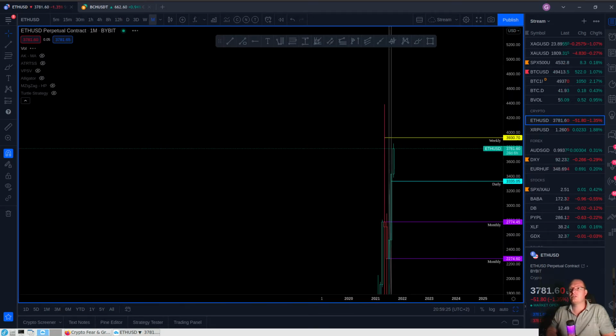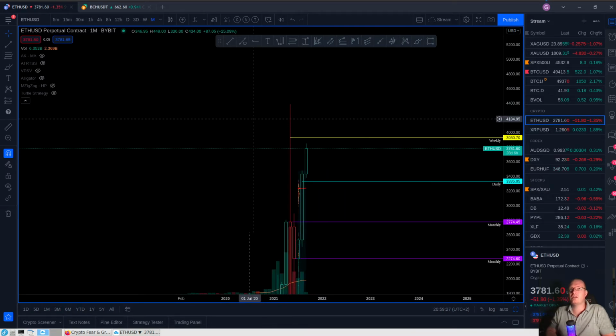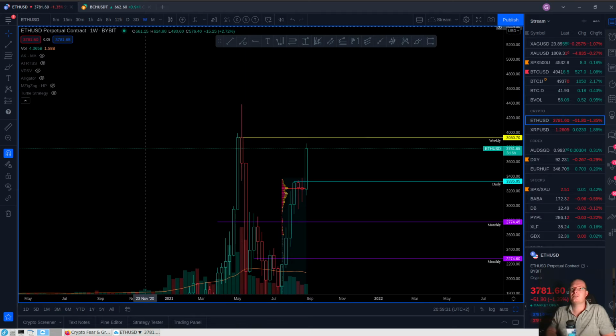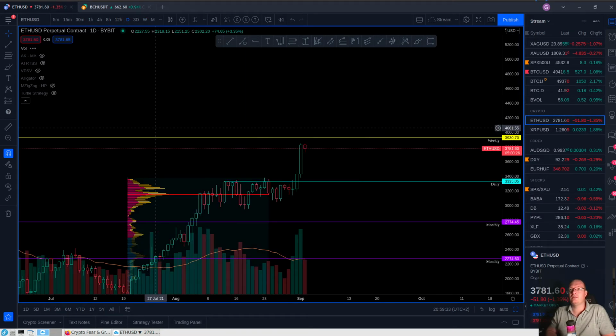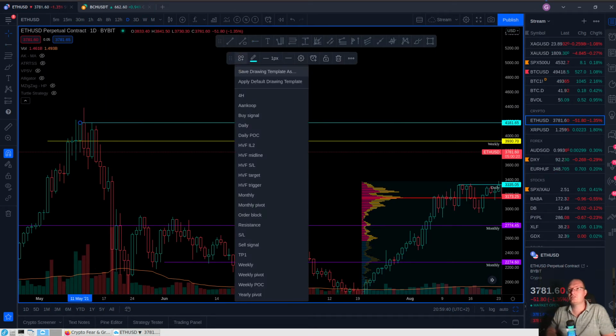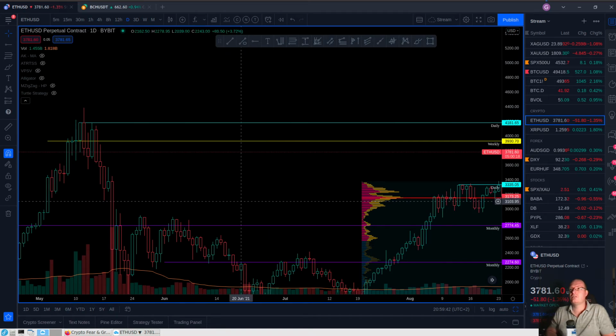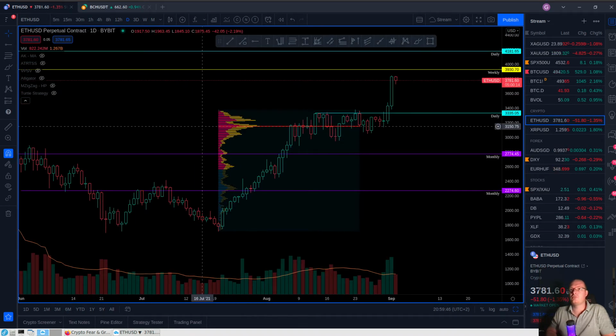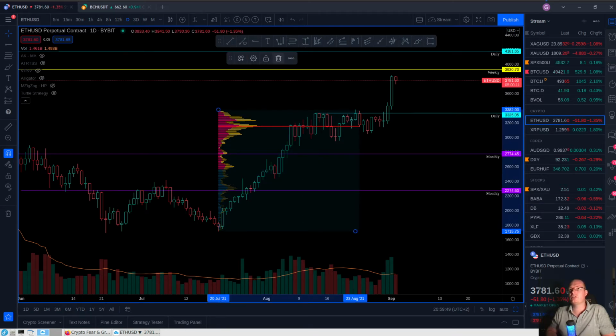Let's see if we have some resistance we can mark out. The weekly, yeah, that's done. And then the daily. Let's mark this one. So here's the daily resistance. And save. This volume by price is not useful anymore, it can be removed.